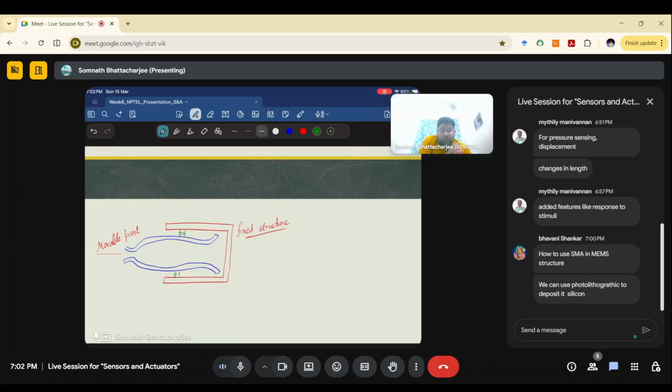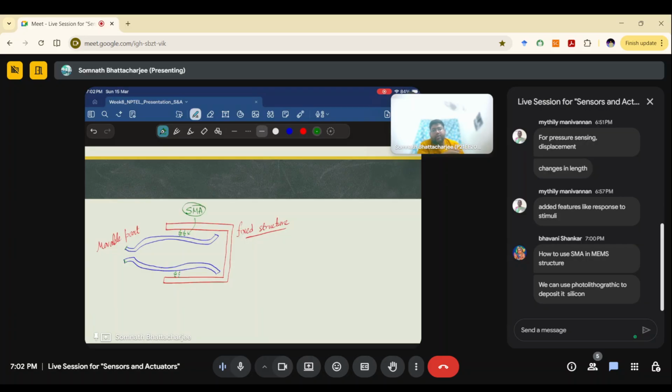If you are utilizing this kind of accelerometer, the structure doesn't look exactly like this, but this is one of the basic structures where if you move around, the spring will change, and this spring is made of SMA, right?